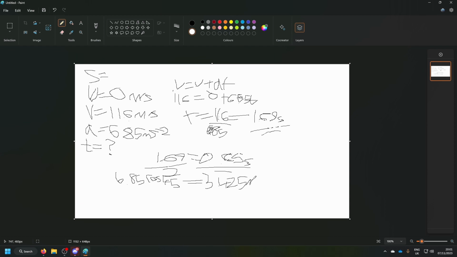Can I correct myself? Cos 45 is not a half. That's cos 60. It's a root 2 over 2. So what's the actual answer? On the calculator, it's 4.84.